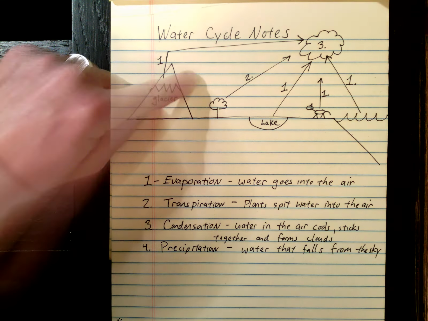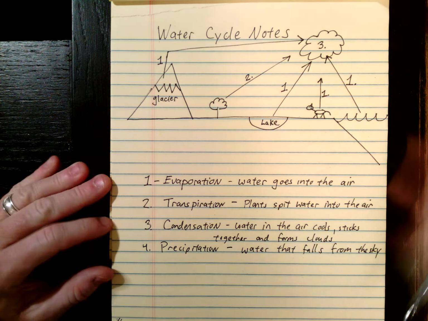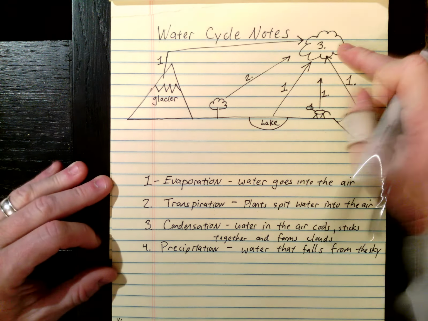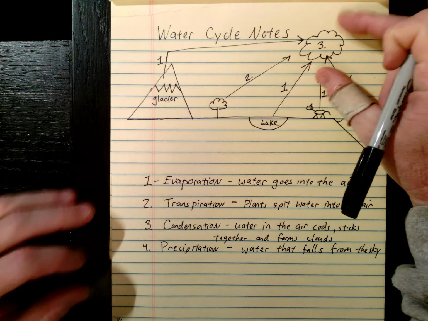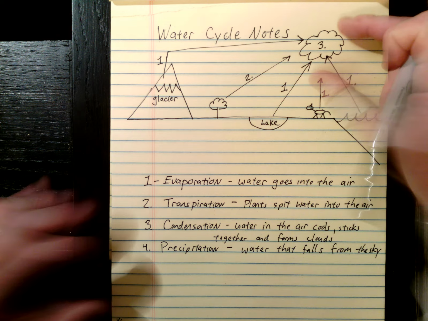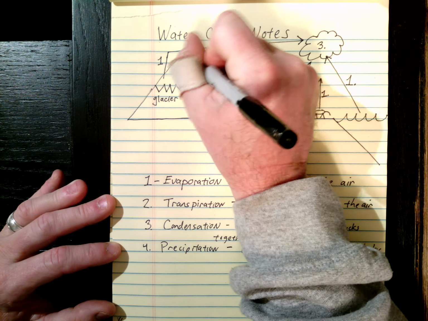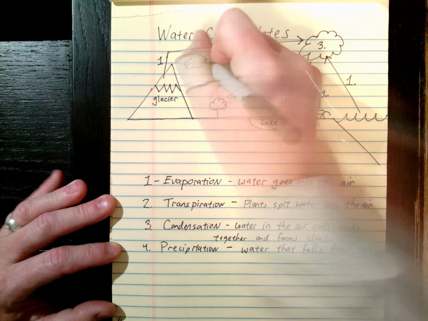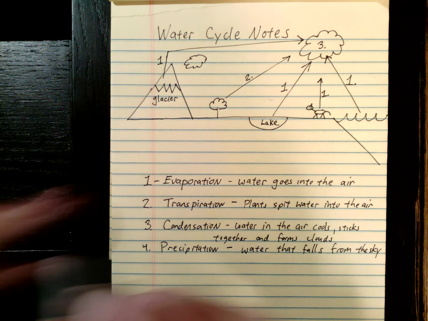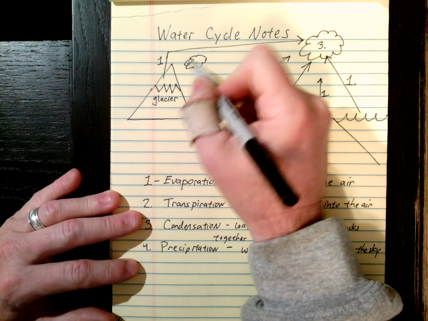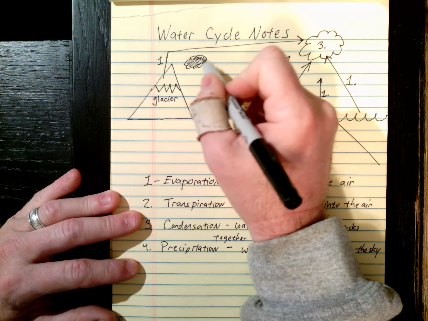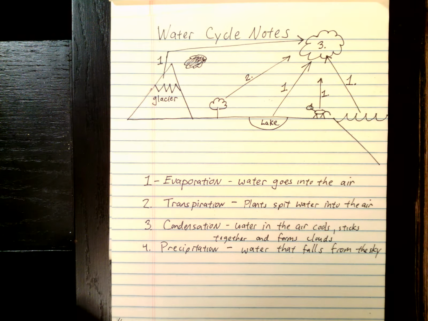Now, I want to show that on here. This is a cloud that's kind of collecting water and condensing. It's building, it's collecting water. I'm going to come over here. I'm going to draw a different cloud. I'm going to color that cloud dark.